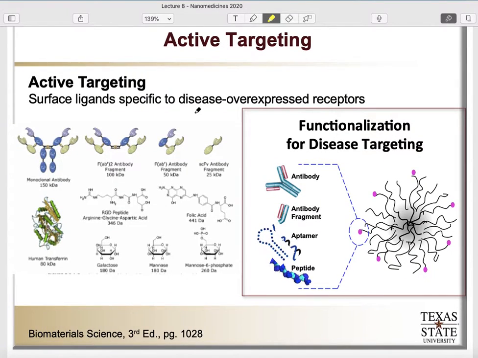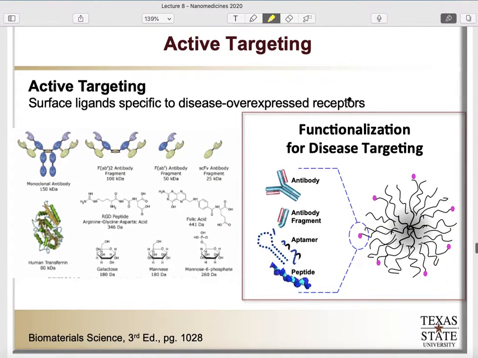This slide is showing the types of ligands that can be utilized for active targeting. For active targeting, again, we can utilize antibodies. Antibodies are proteins that are generated from our immune system. Our immune system develops antibodies toward foreign materials like viruses and bacteria, for example.